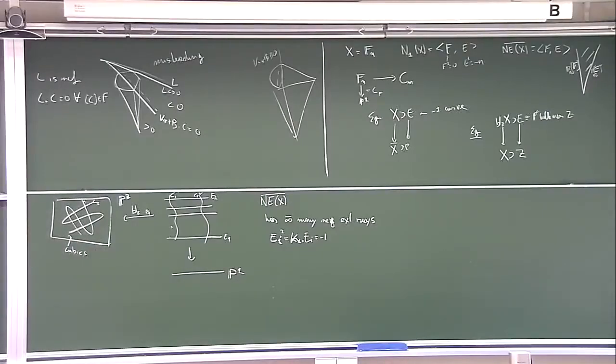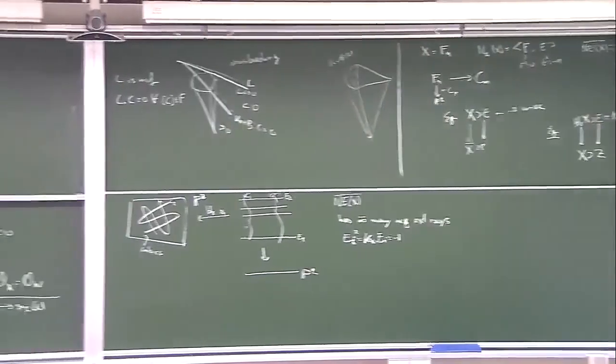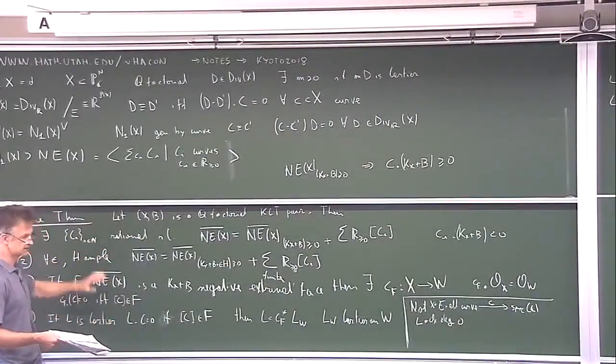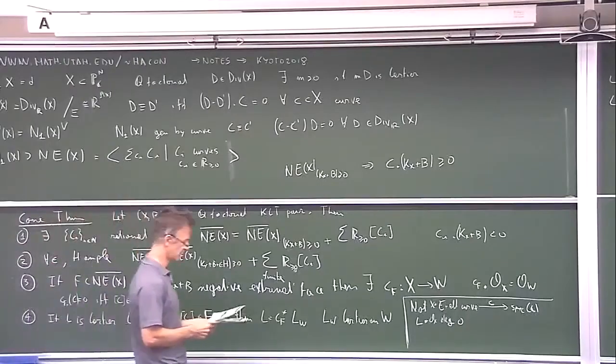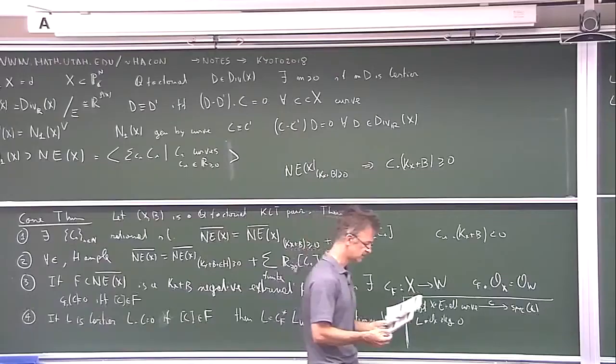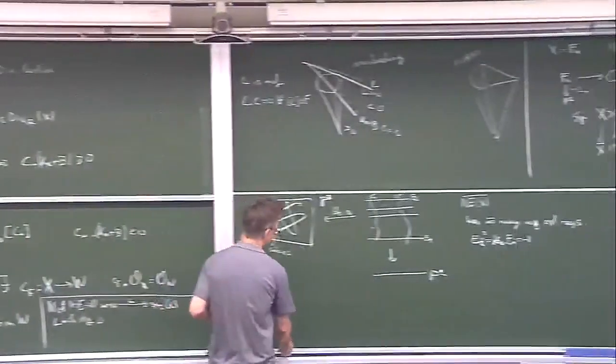Luckily, I can't hesitate too much, otherwise I won't get very far. Okay, so for now, we're going to take this as a black box, but I'm hoping today to do part of the proof of this, to tell you what the main ingredient in the proof is. But let's see how we use it in terms of running the minimal model program.